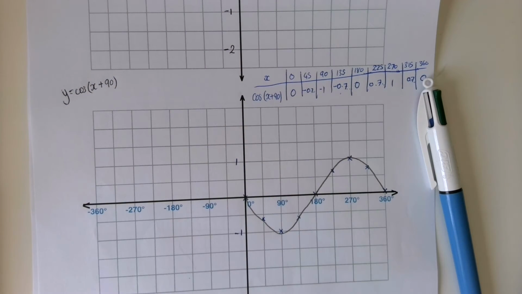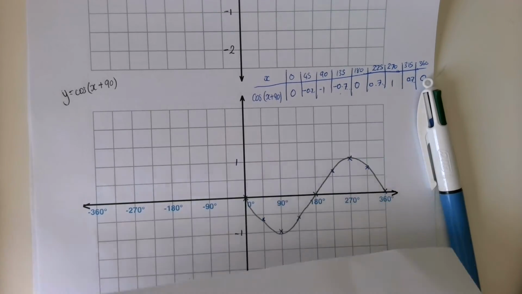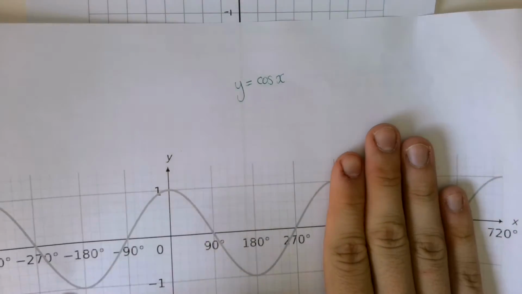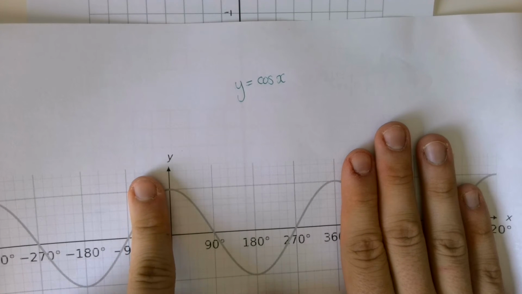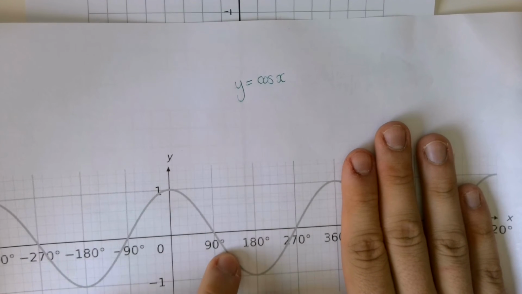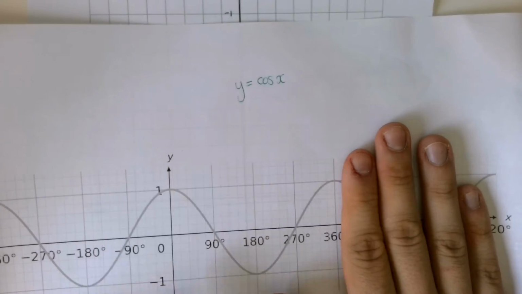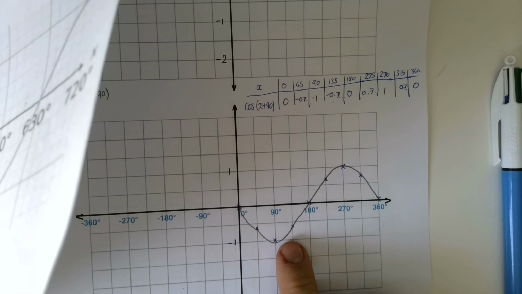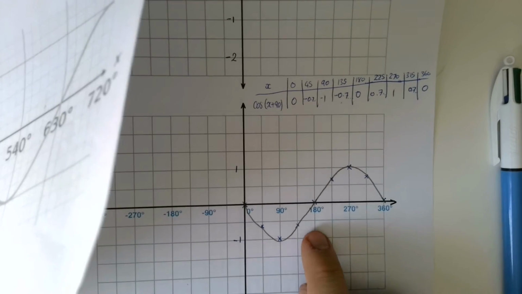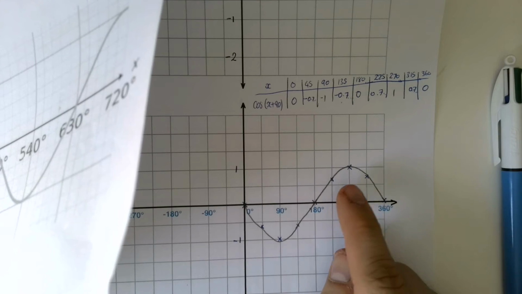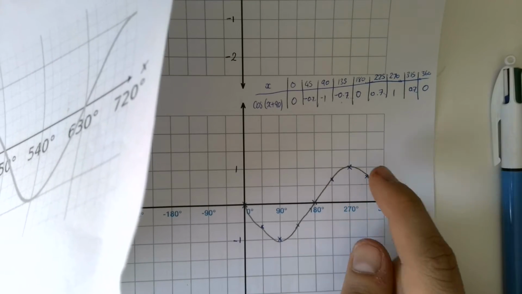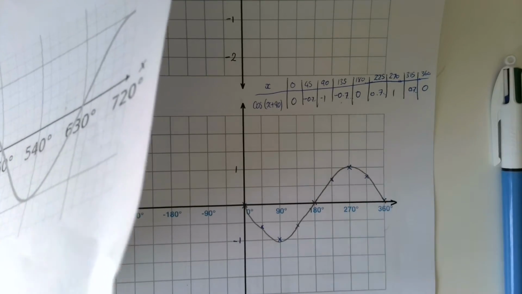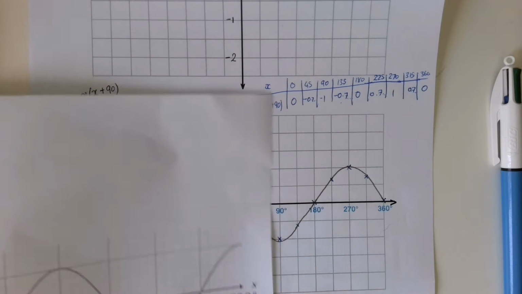So if I just get my graph of cos x, you can see normally a cos graph starts off at 1, dips down to minus 1 at 180, and ends up back at 1 at 360. Here I start at 0, I dip down to minus 1 at 90 degrees, 270 up here, and then I end at 0 again.